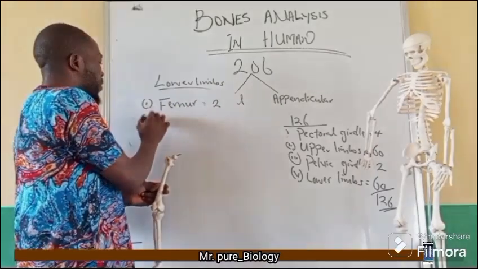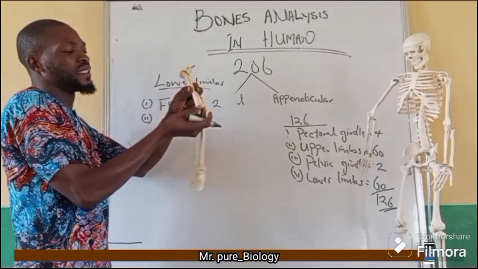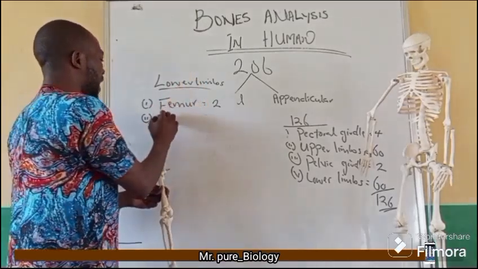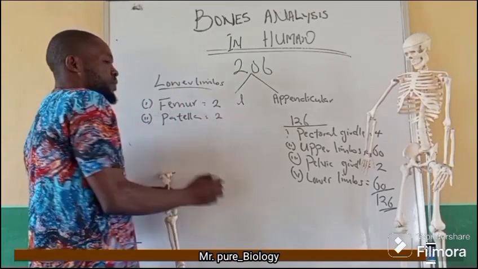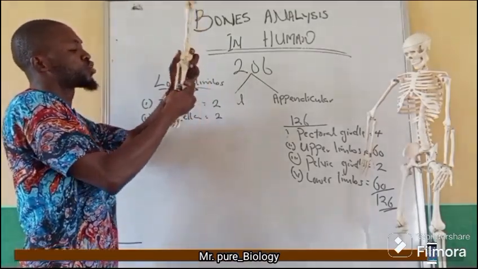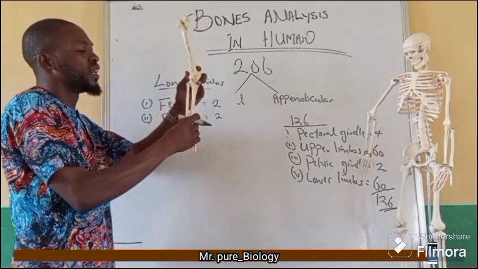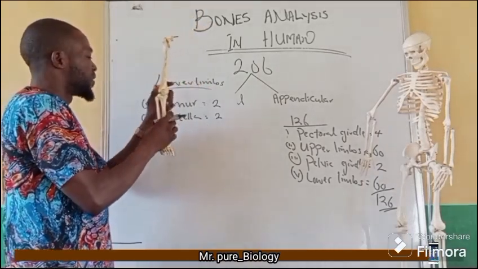Another bone we have is the patella. This is what we call the patella, or knee cap. Patella is one on each side, so for both sides we have two patellae. Now we also move to the bones of the lower leg. So what are these two bones?